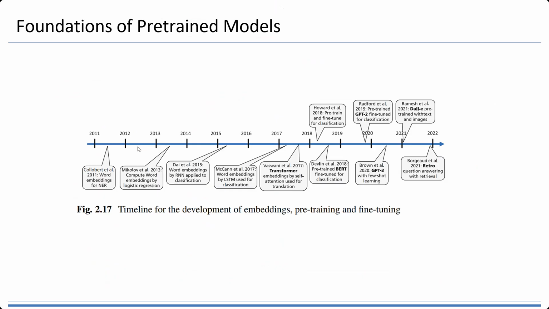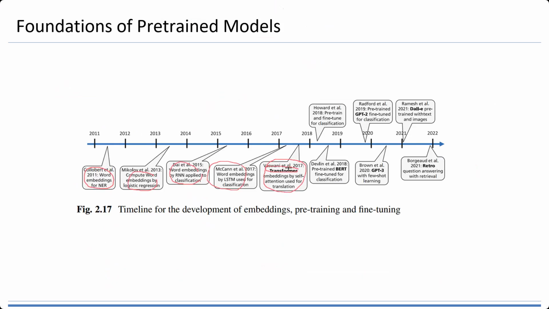If we look at the flow from the timeline, the first is just word embedding with various kinds of methods. But then, as you learned, the transformer changes many things.